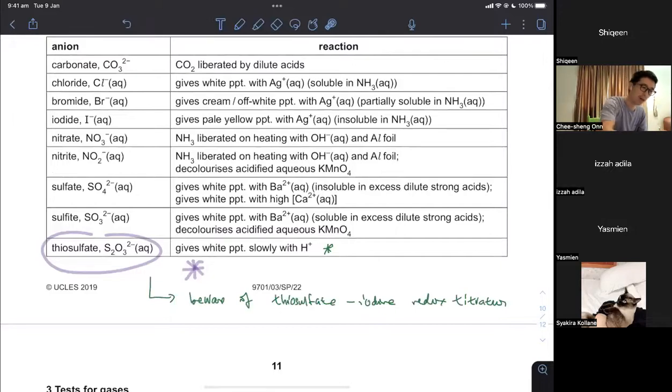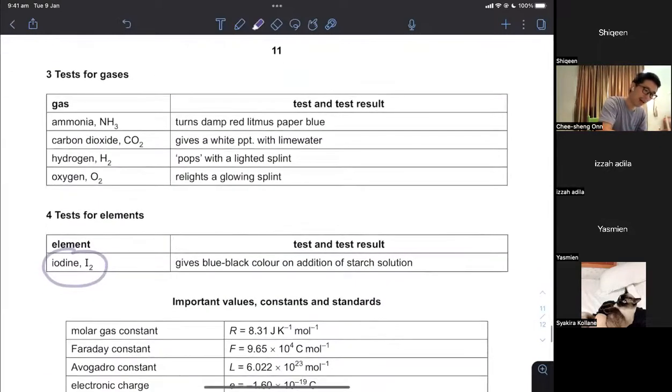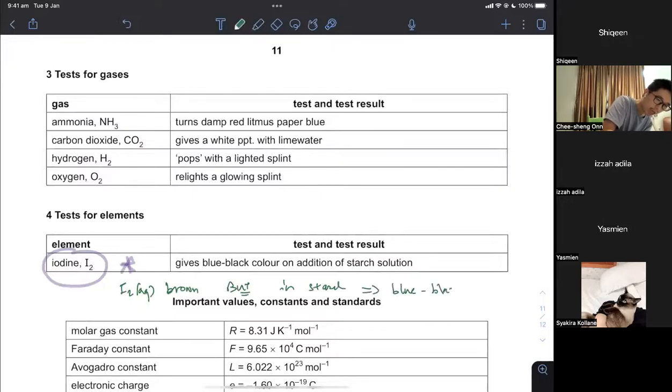They are in the new syllabus, so they could possibly ask you things like this. Be very careful about iodine and iodide. Iodide is a colorless solution. Iodine, I2 aqueous, is a brown solution, but you can add starch. If you add starch, it will go blue-black. Without starch, it will be a brown solution. So just be very careful.